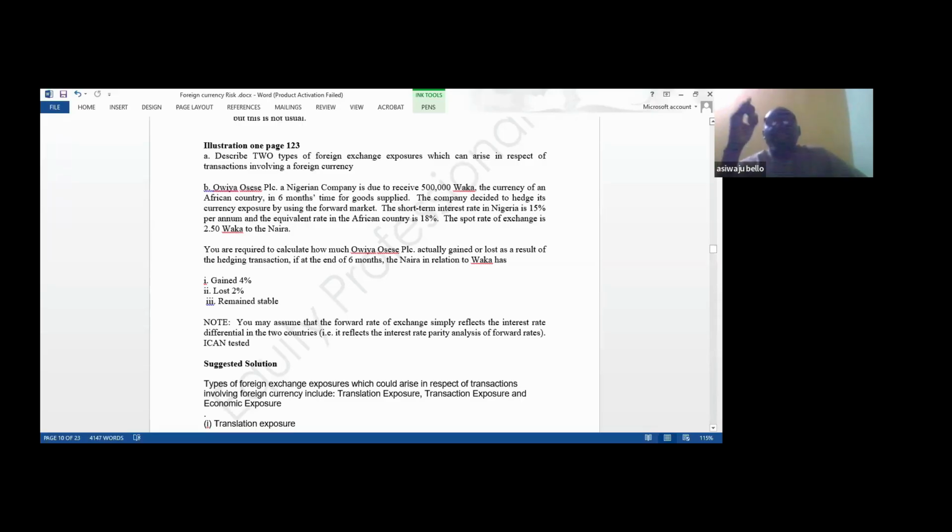The spot rate of exchange is 2.5 waka to naira. That means as of today, to buy 1 naira, you require 2.5 waka.